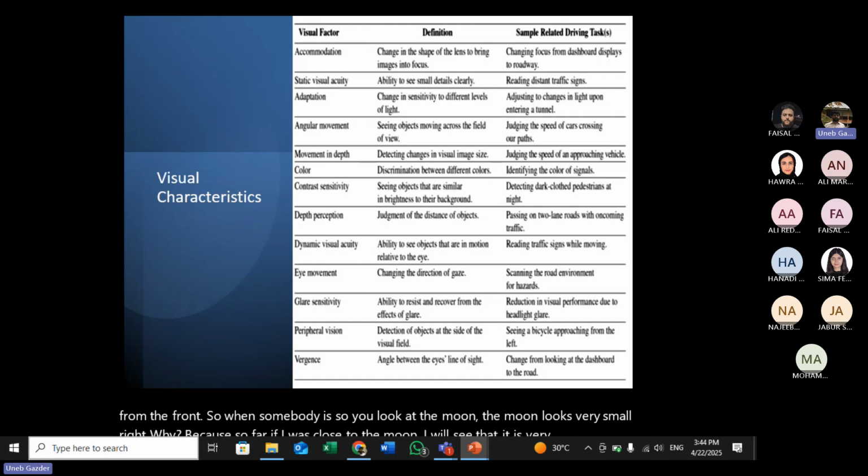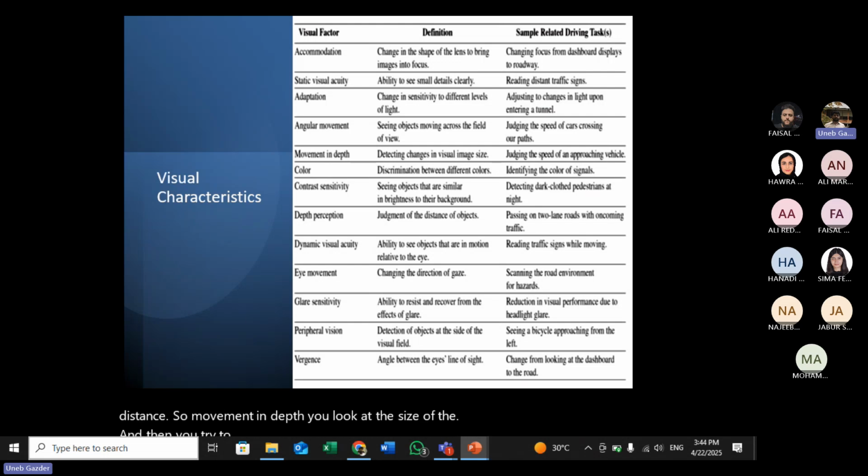The moon may look smaller than your hand because it's so far. Your hand is bigger because of the distance. So with movement in depth, you look at the size of the object, and then you try to judge at what speed it is coming towards you. The object is coming towards you, the size is getting bigger, right? This is called movement in depth.